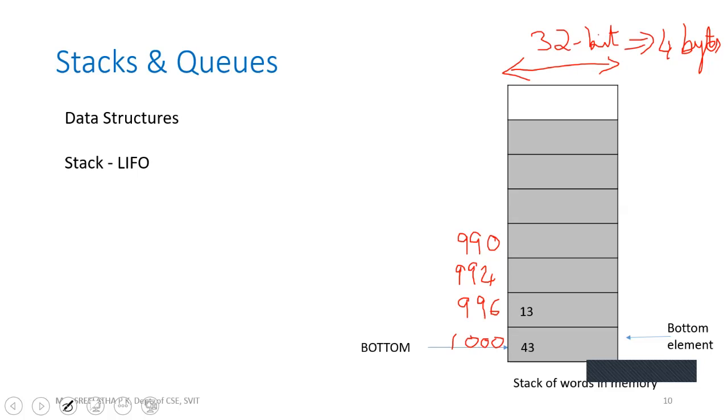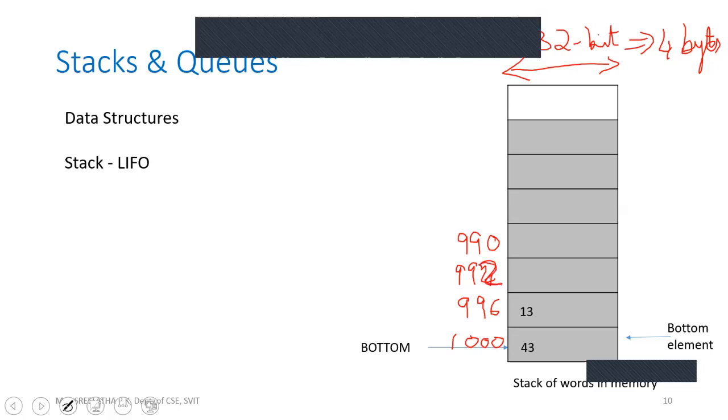Okay, so it is in the multiples of 4. I think I have made a mistake. It is 992 here. Difference of 4 I told, and it is 988, correct?